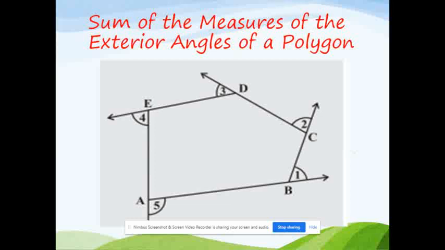We know the sum of the measures of interior angles of a polygon is (n minus 2) times 180, where n represents the number of sides of a polygon.